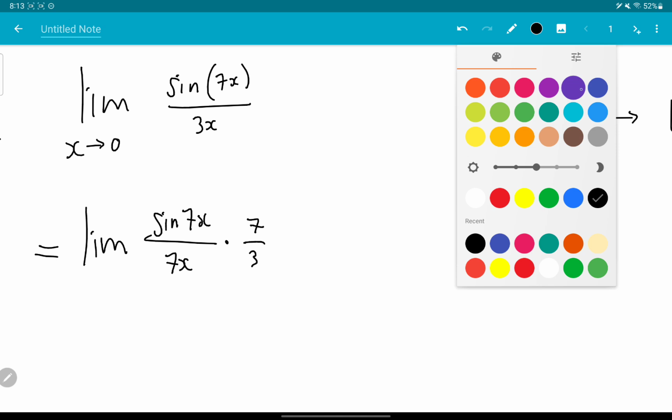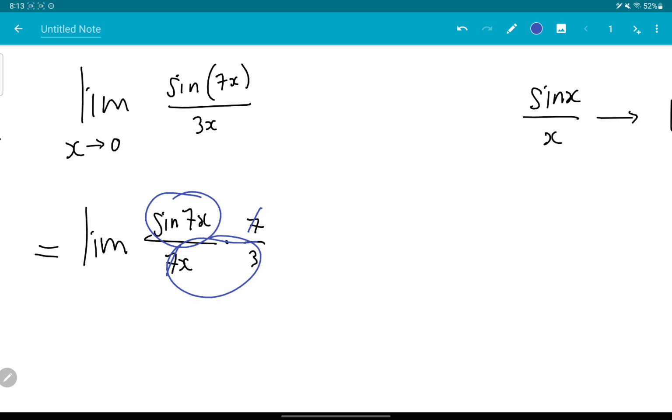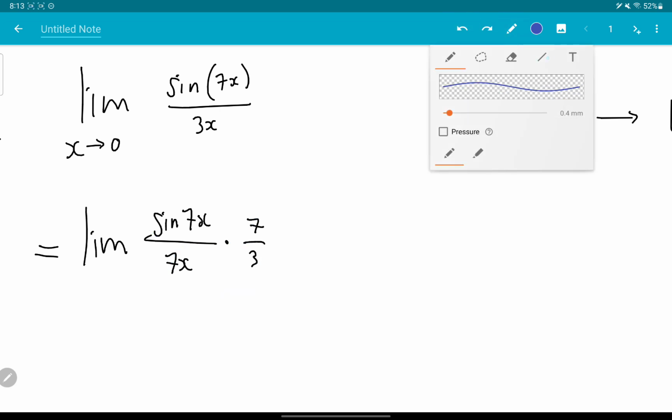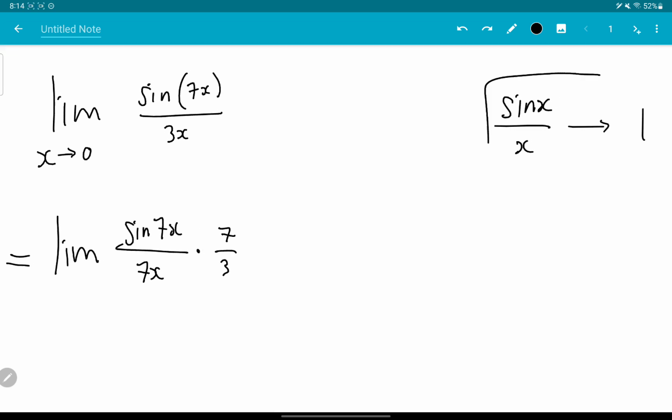So you can check now that this fraction equals this expression here. If you cancel the 7's, you got sine 7x over 3x. Okay, the whole point of this song and dance is to put myself in a situation where I can use the formula over here.